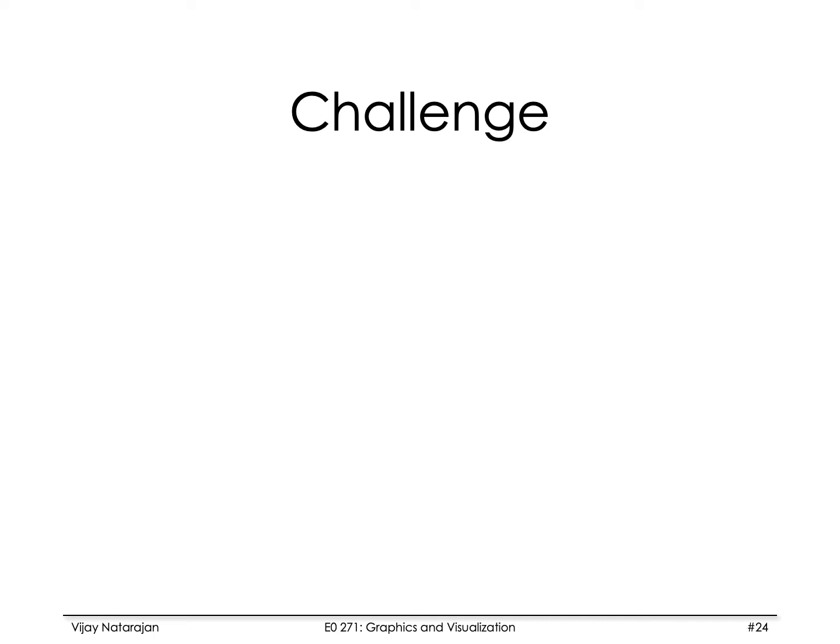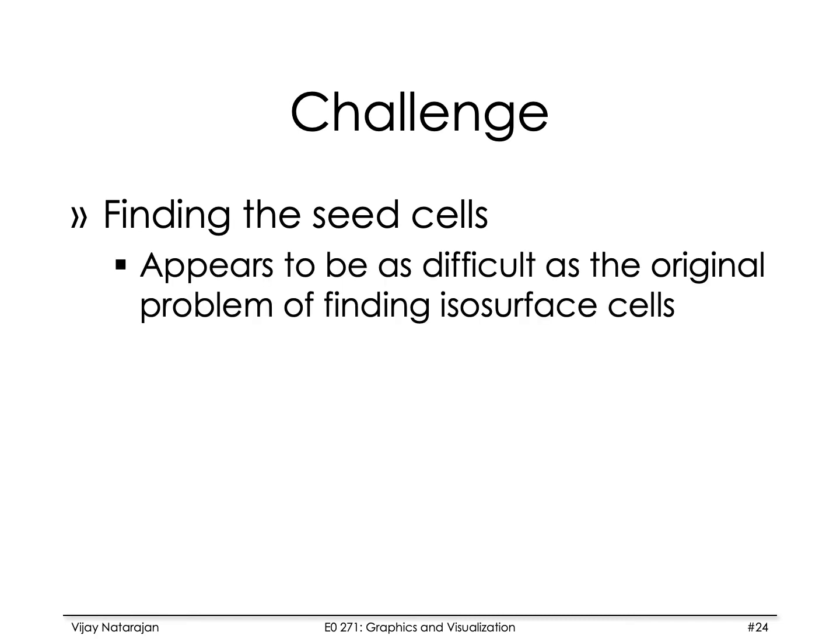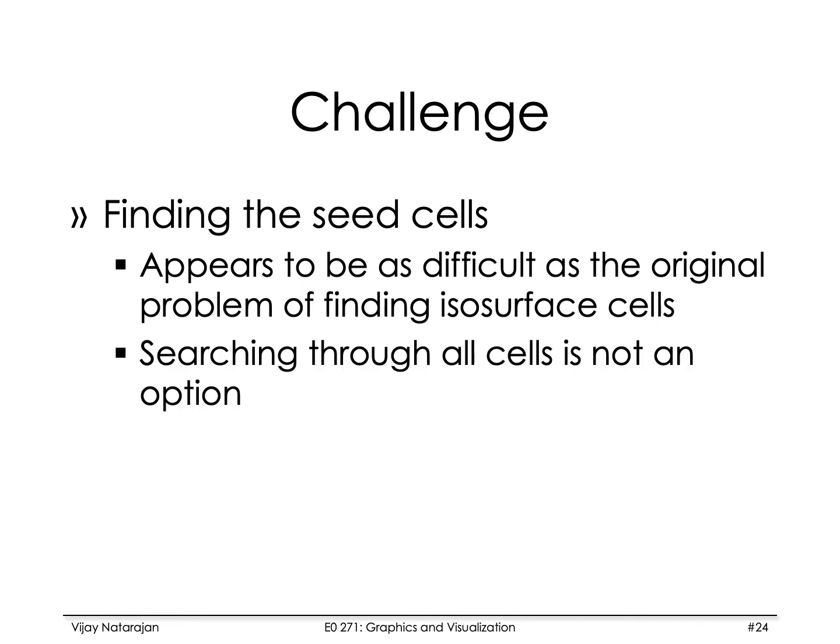So here are the challenges for this algorithm. We need to find the seed cells. This appears to be as difficult as the original problem of identifying the isosurface cells, because essentially we need to know all the connected components. So this may require us to search through all the cells.